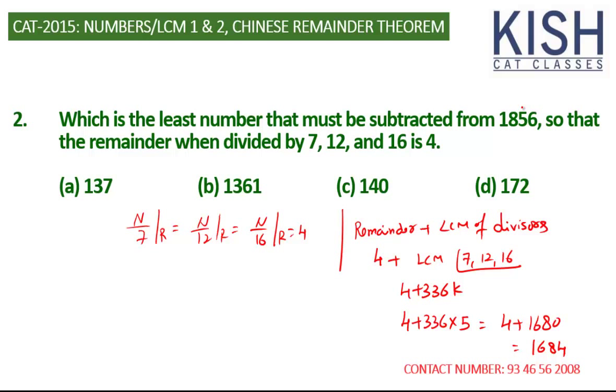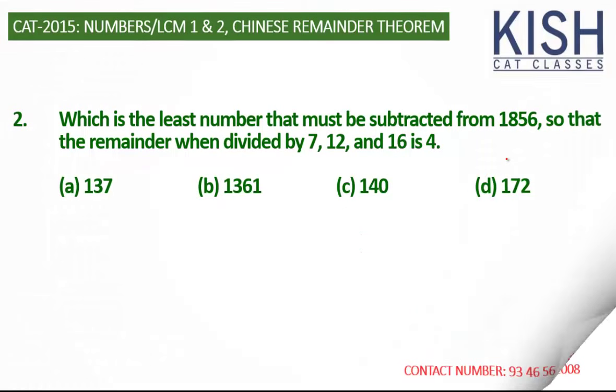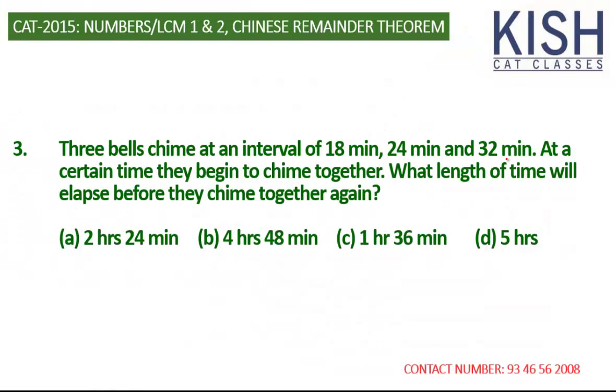So we must subtract some number from 1856 so that the number is going to be 1684. We just need to subtract 172. If we subtract 172 from 1856, we get 1684, which is of the format remainder plus LCM of the divisors into constant. Let's solve question number 3.